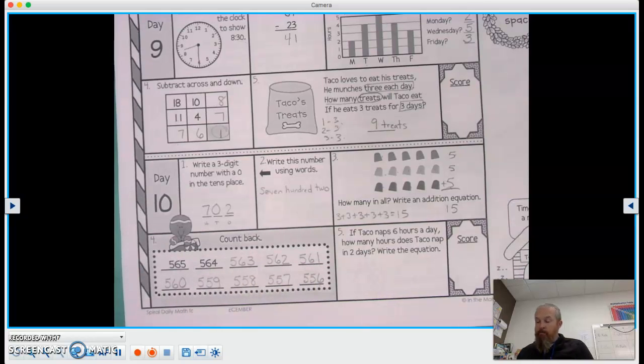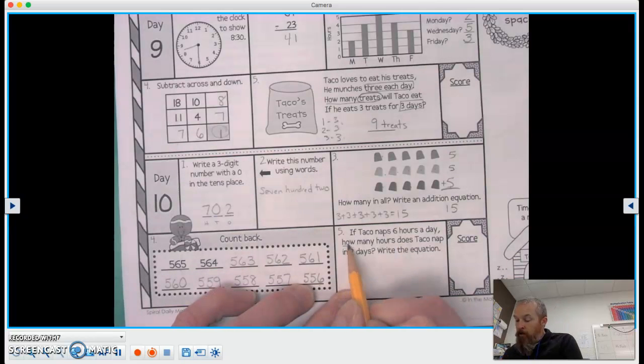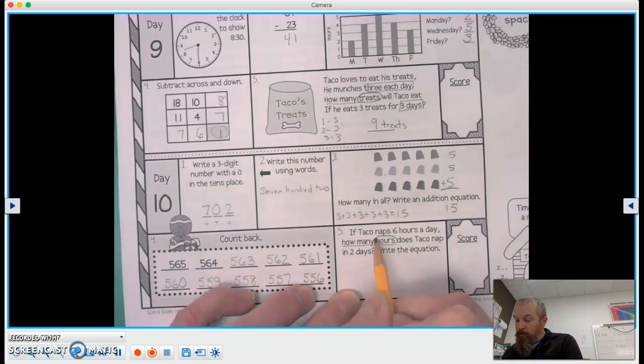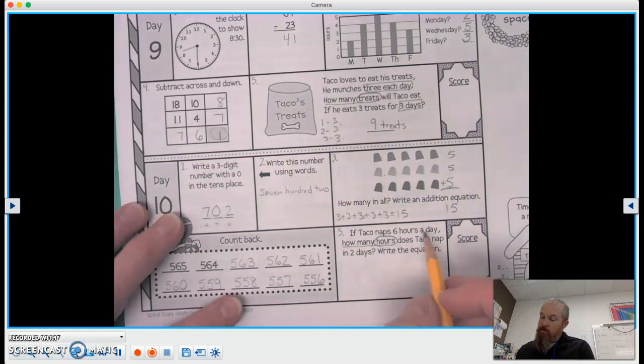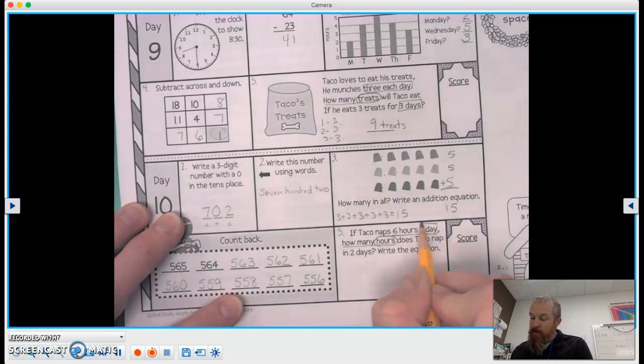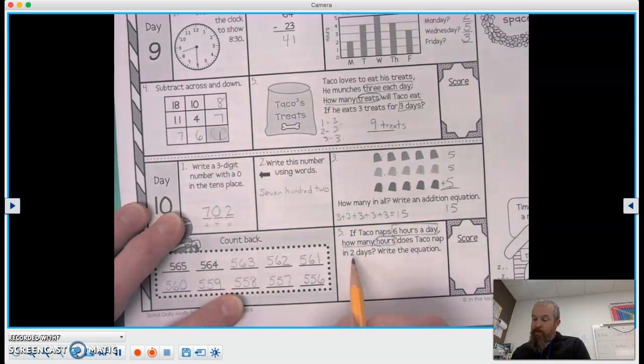Good. All right. If Taco naps 6 hours a day, how many hours does Taco nap in 2 days? Well, I see how many. Underline that right away and circle hours. So Taco naps 6 hours a day in 2 days.